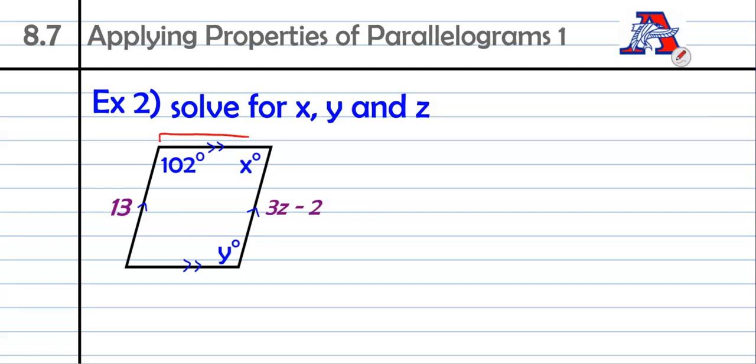I'll probably just start with angle x. I can see that angle x is next to the angle that we know is 102 degrees. So I know that those should add up to 180 degrees. So we could just do x plus 102 is equal to 180. Subtract 102, and then x would be 78. Perfect.